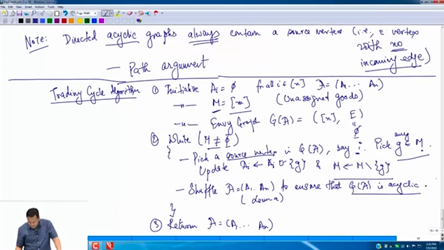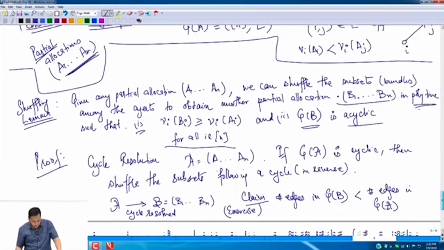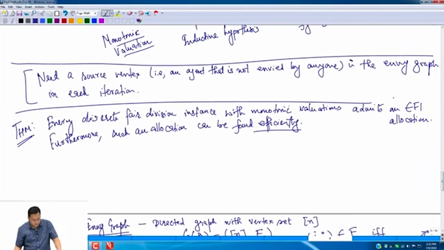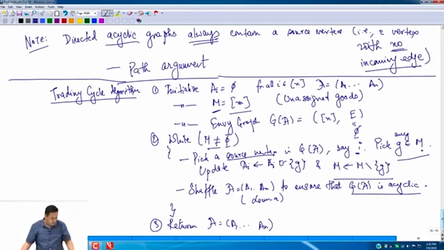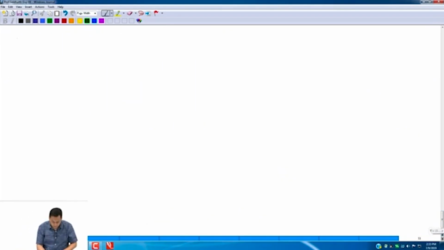My claim to you is that this indeed establishes the theorem. It will prove that there is always an EF1 allocation, and all you require for it is monotonicity. This is almost a repetition of what I've said, things that I've said at least twice or thrice, but for completeness, let's do this.